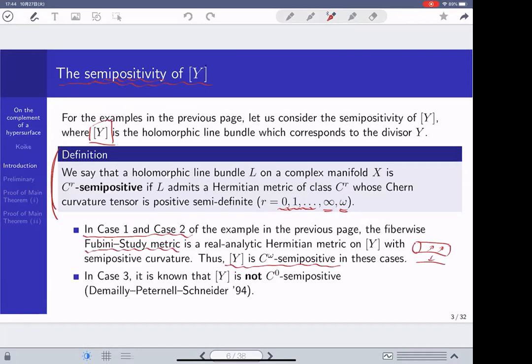That's why this kind of metric is well defined in case 1 and case 2. But it is not the case in case 3. Actually, in this case, it is known that Y is not even C^0 semipositive. It was first shown in Ueda's paper.